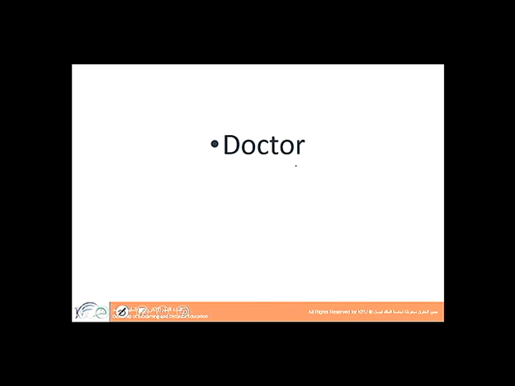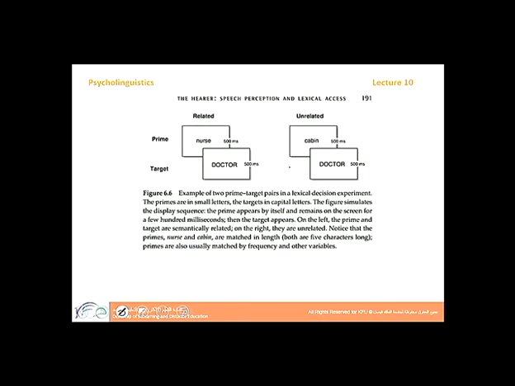For example, here I show you the word doctor, then I show you the word nurse. You see? Now we say the word doctor primes the word nurse. And I'm going to show you the effect.